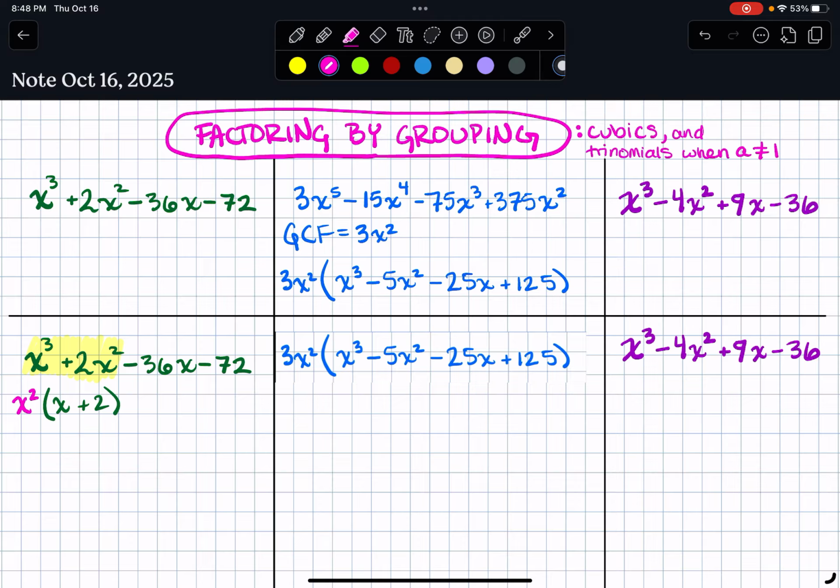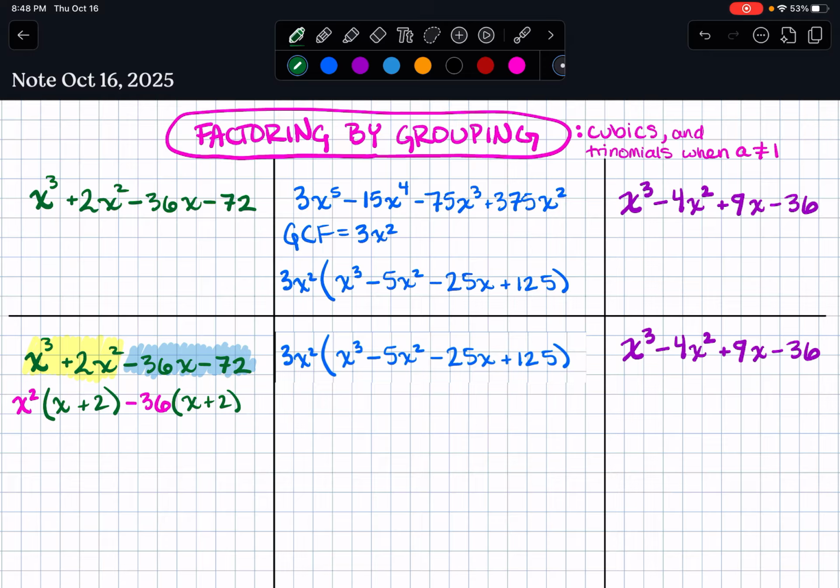I'm going to do the same thinking for my back two terms, negative 36x minus 72. Notice that this one starts with a negative. If there's a negative, I'm going to include that in my GCF. So both of those are multiples of negative 36. I'm going to factor out a negative 36, and that leaves me with x plus 2 again.